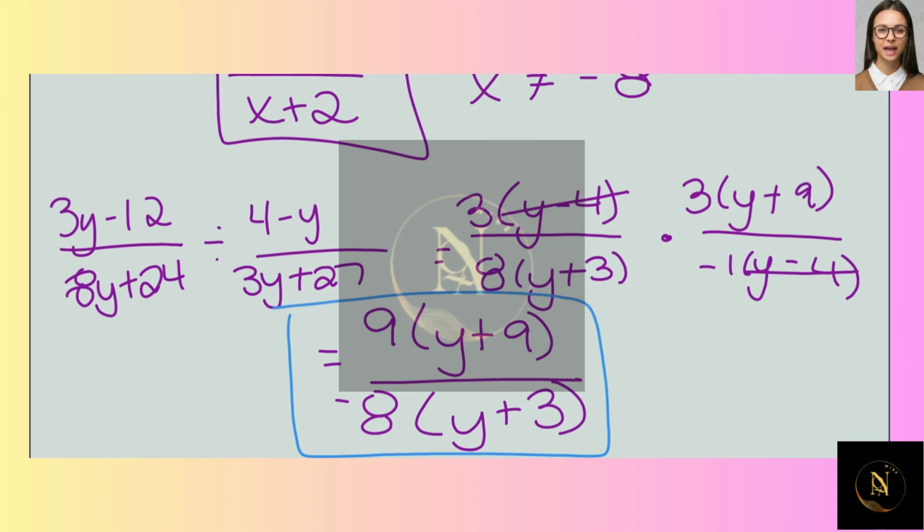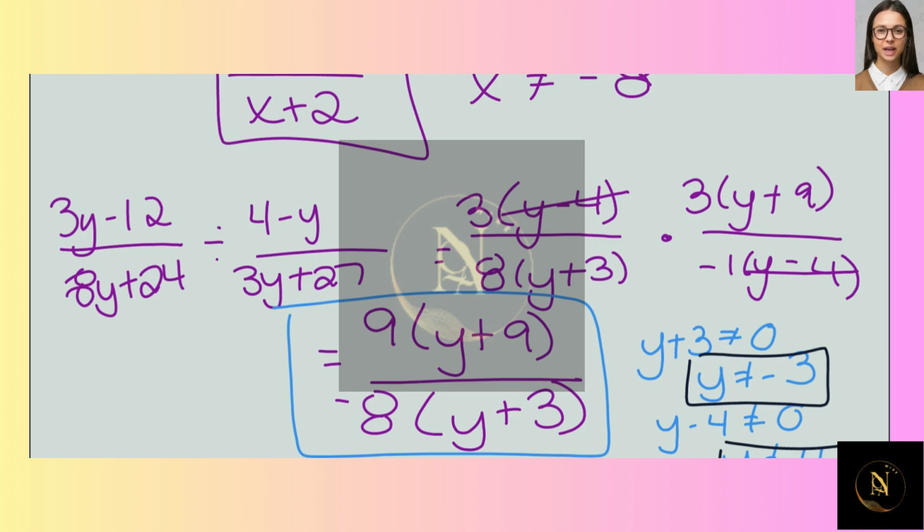And then I know that y plus 3 cannot equal 0, so I know that y cannot equal negative 3, and I also know that y minus 4 cannot equal 0, so y cannot equal 4. So my smaller restriction would be negative 3, and my bigger restriction would be 4.